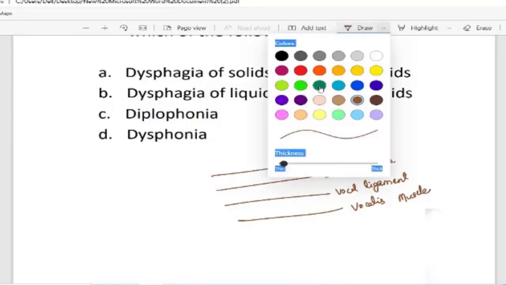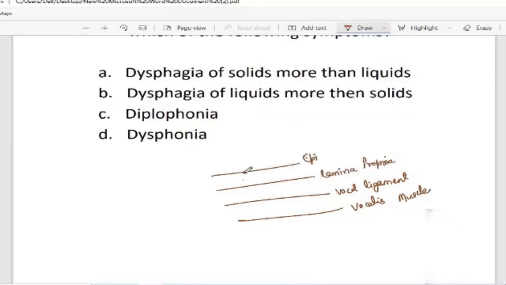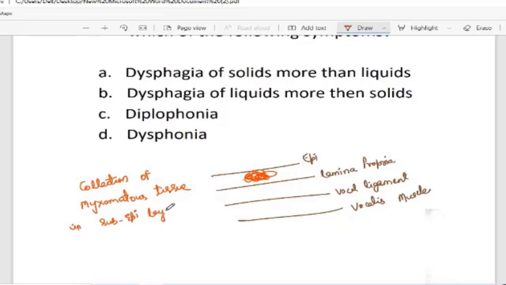So what is Rinke's edema? In patients who are chronic smokers or similar, there is a collection of myxomatous tissue in the subepithelium layer. That is known as Rinke's edema. That will give a bulge here because of the collection of myxomatous tissue.